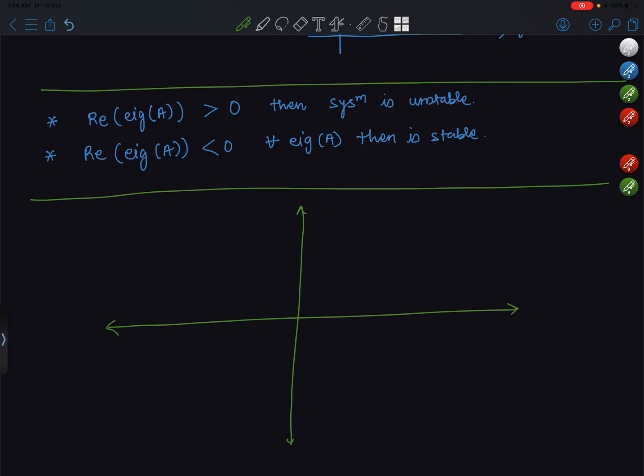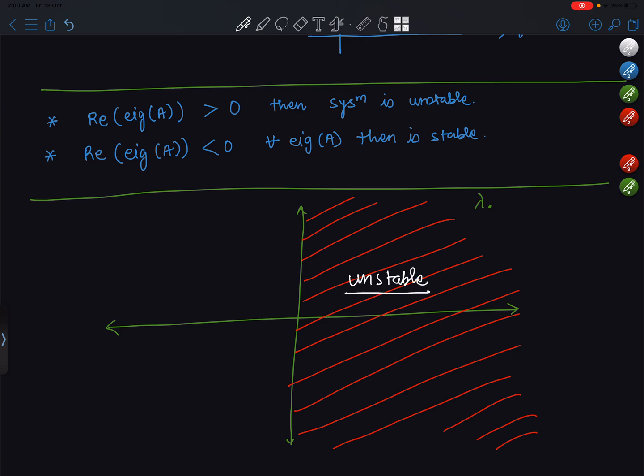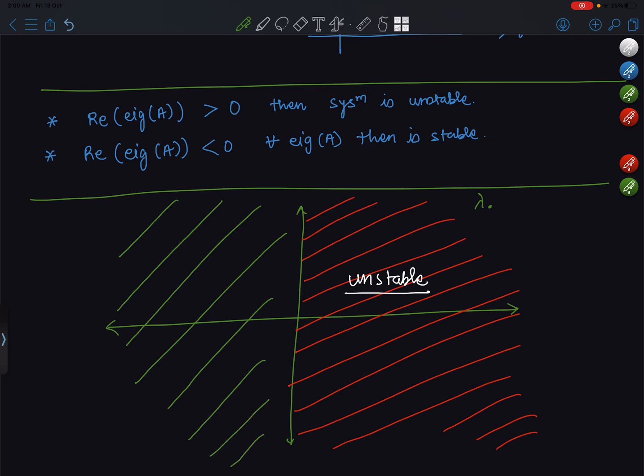So let this graph represent the eigenvalues of A. In the right half of the plane, if the eigenvalues lie here, then the system is unstable. If they lie on the left half of the plane, then the system is stable.